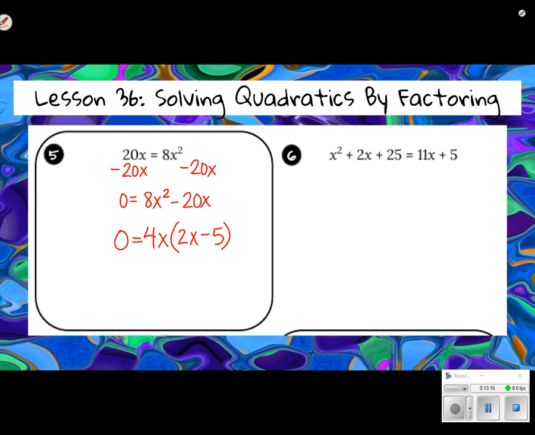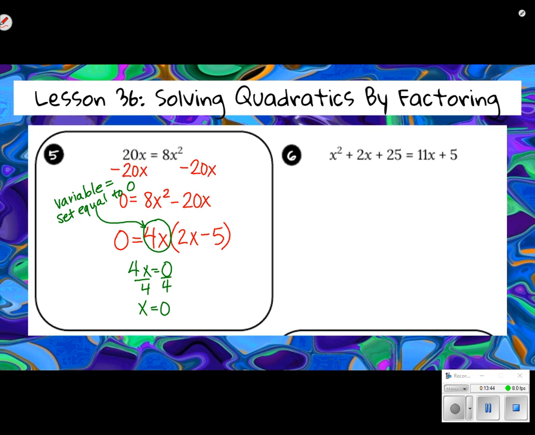So here is where the greatest common factor is part of the zeros answer because there is an x. So because there is a variable, that means that I have to set it equal to 0 and solve. So if 4x equals 0, divide by 4, x is 0.